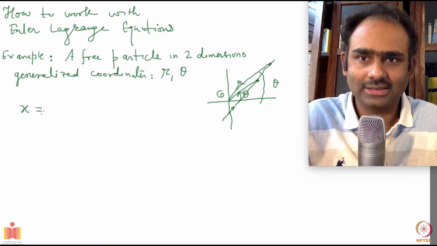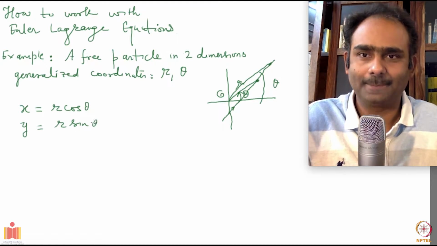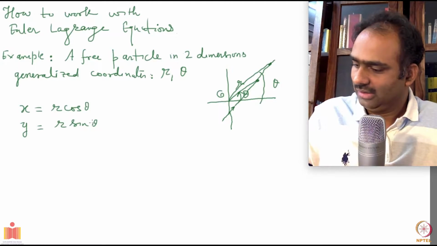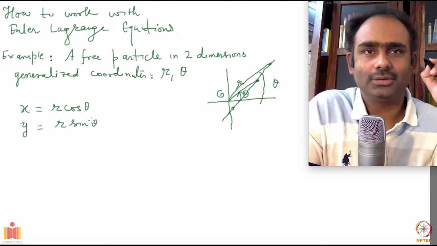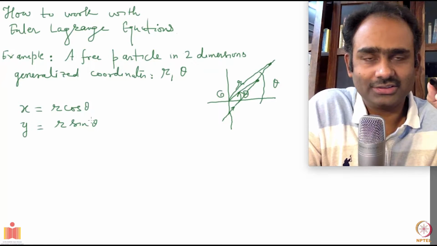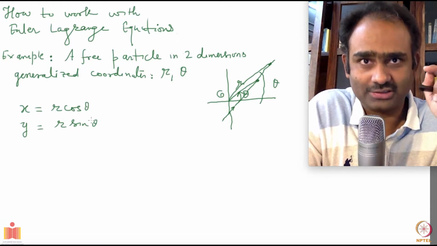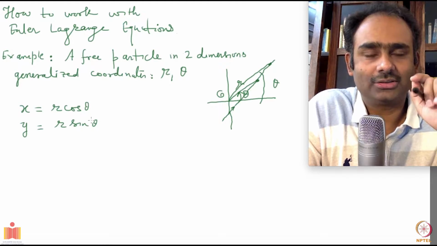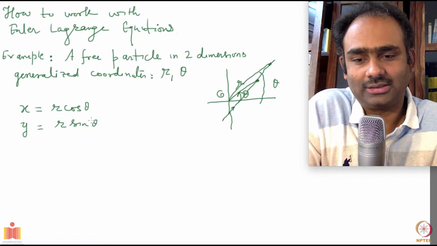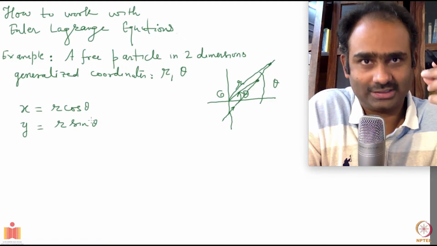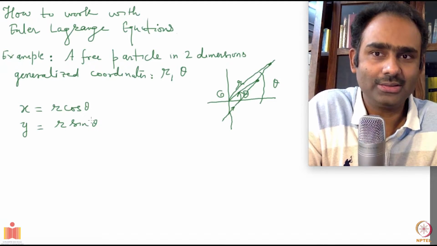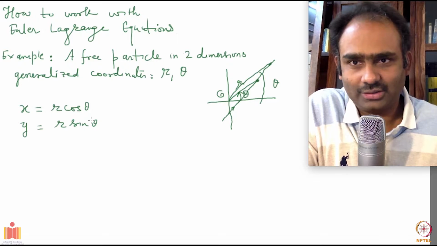So x is r cos theta and y is r sin theta. Now I want to construct first the Lagrangian of the system, which involves T and U, kinetic energy and potential energy. Potential energy is 0. I need to construct only the kinetic energy, which involves velocities, x dot squared plus y dot squared. So let me calculate x dot and y dot.